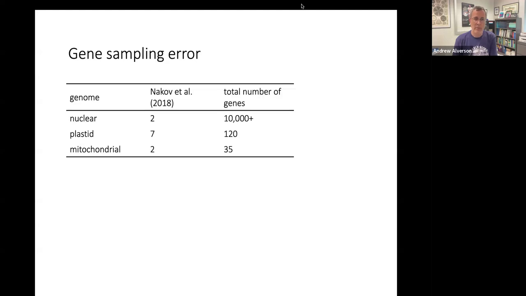And then people can make pretty good arguments that if you've sequenced one plastid gene, adding 6 or 10 more gives you more of the same signal. And so we have 11 genes out of a possible 10,000. Most diatom genomes have on the order of 10 to 20,000 genes. So we've looked at 2 out of 10 to 20,000, 7 out of a possible 120 genes in the plastid genome, and 2 out of 35 genes in the mitochondrial genome.